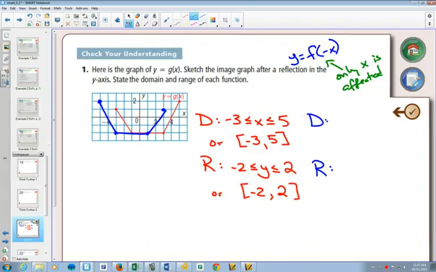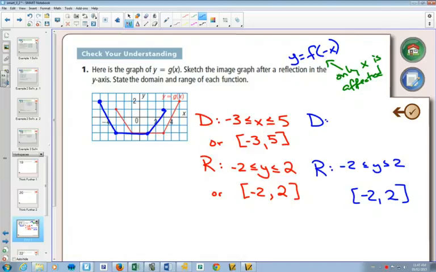So we can see from our graph when we do the range, I'll do the range first. Can you see that the range still goes from negative 2 to 2? It doesn't change, okay? The domain will change, though.